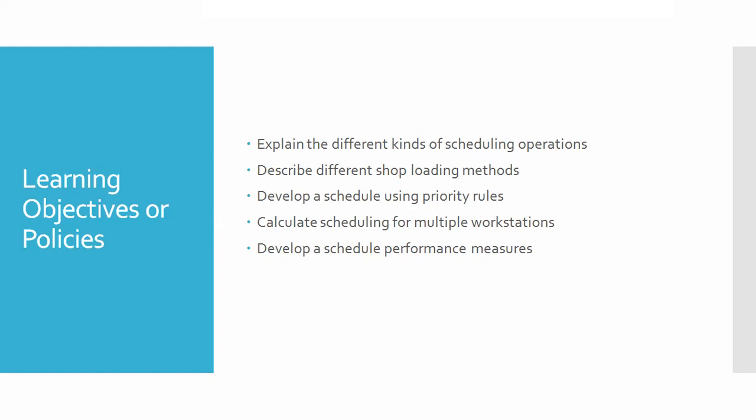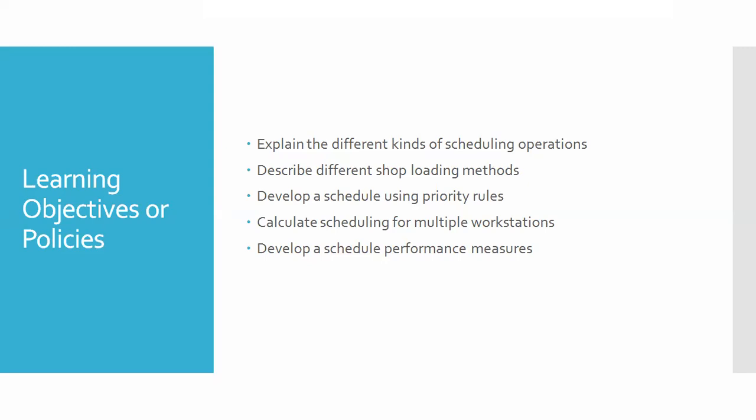In the one machine, one process will be done, and then that component goes to another machine for further processing, and then you will get the final product. Accordingly, you have the priority rules, like in which machine you have to give the priority according to your time and your resource, and how you can schedule that priority. So develop a schedule using priority rules.